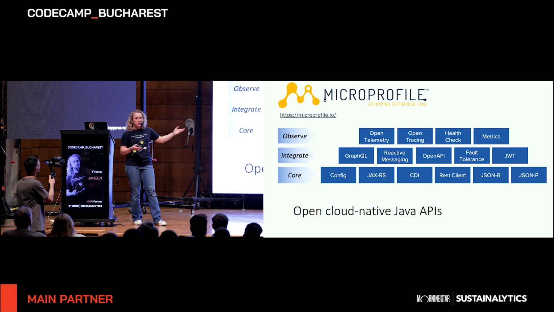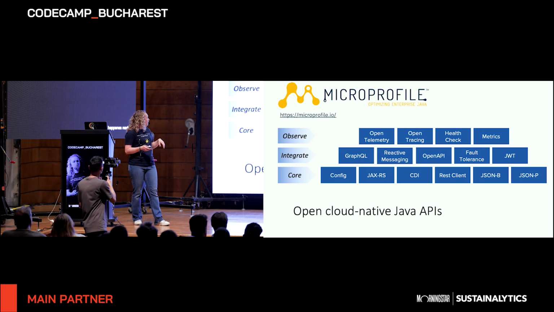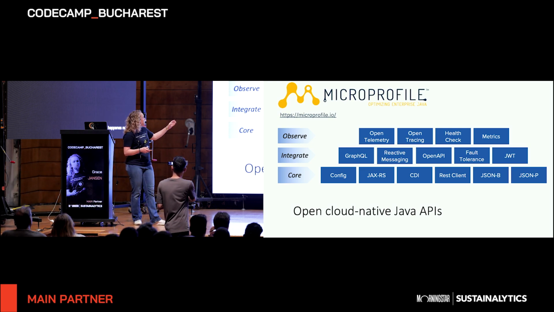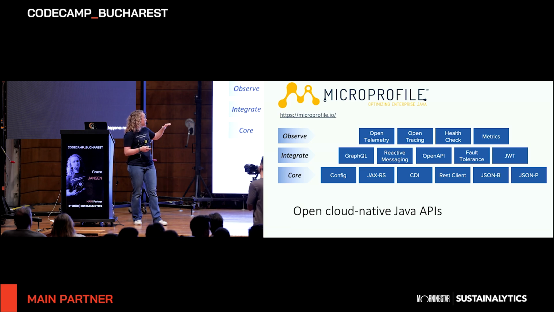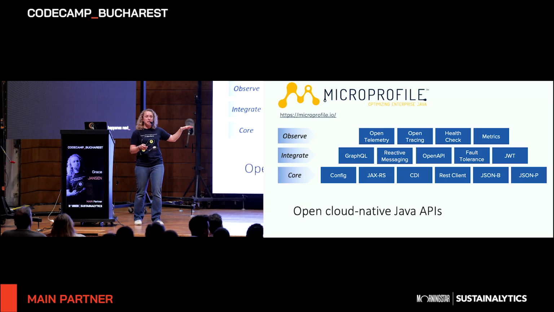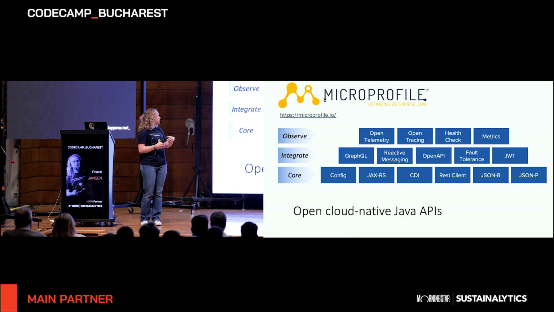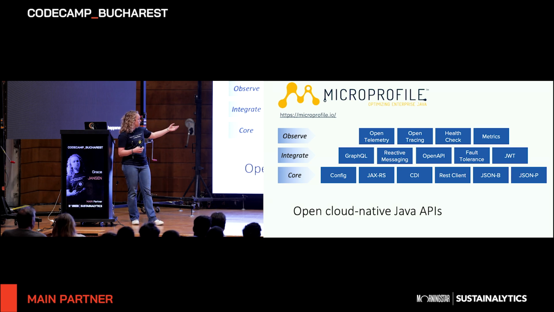I've kind of predicted myself there, but also things like reactive messaging, Open API, and some common shared with Jakarta EE. So Jakarta EE is another community-driven specification. It's basically the open source of Java EE, and it enables things like RESTful web services, JSON-B, JSON-P, REST client, and it also enables external configuration as well.